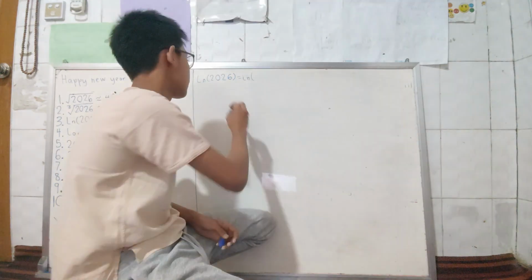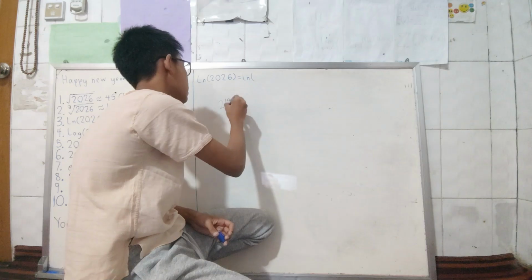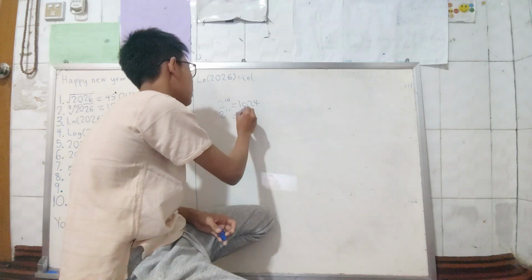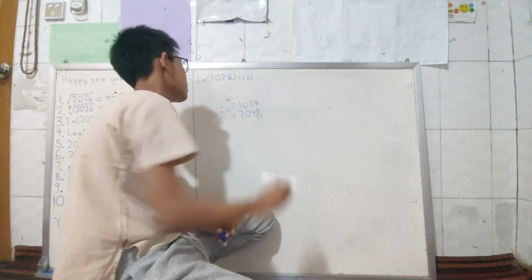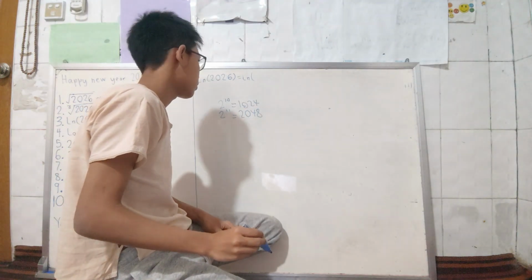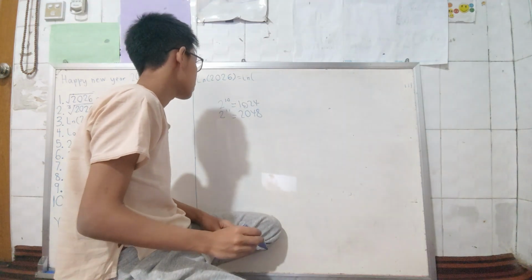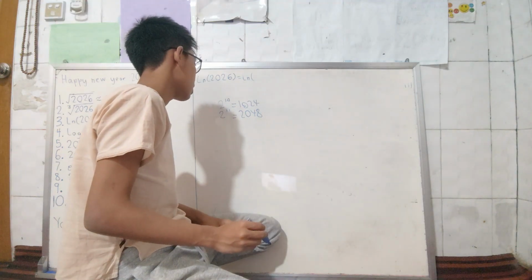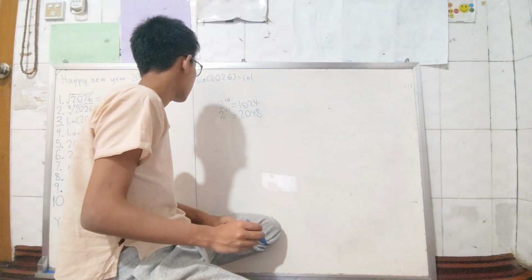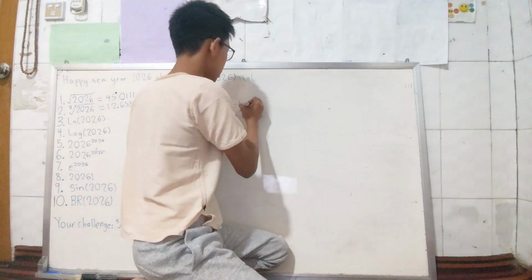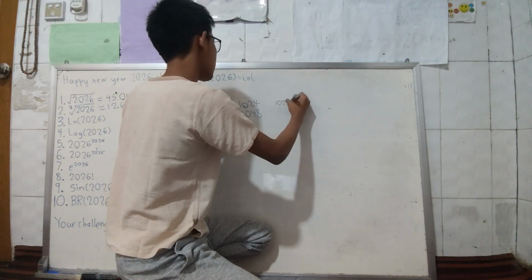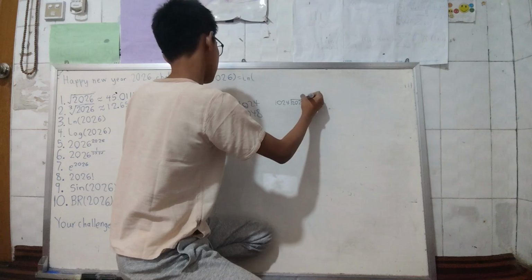So that's going to be 2 to the power of 10 is 1024. 2 to the power of 11 is 2048. Really close. So that's going to be 1024 divided by 2026.